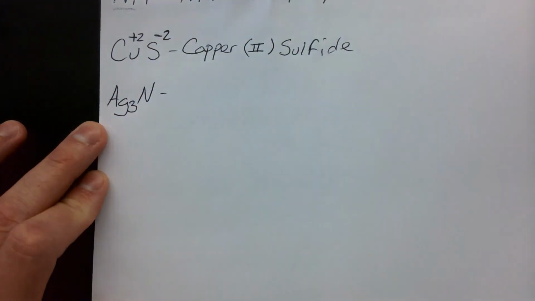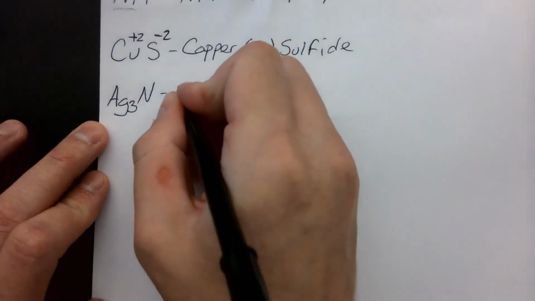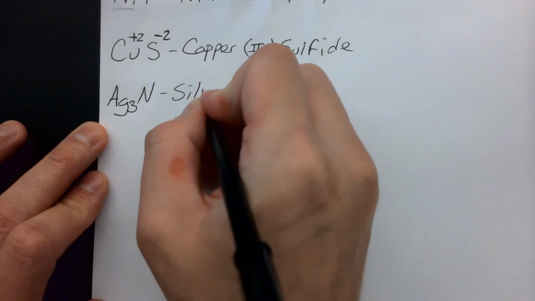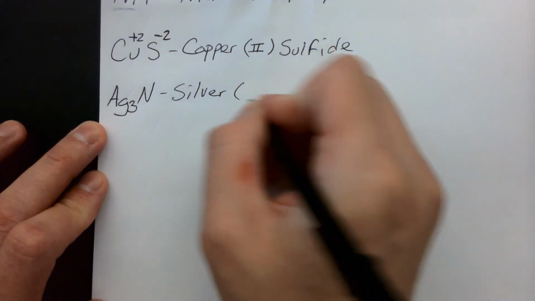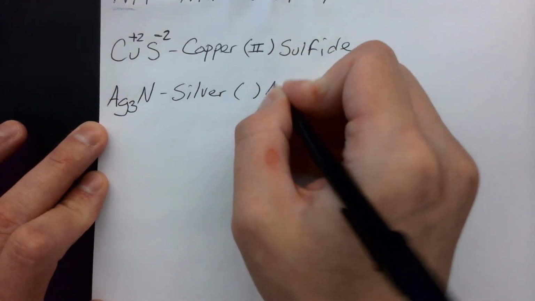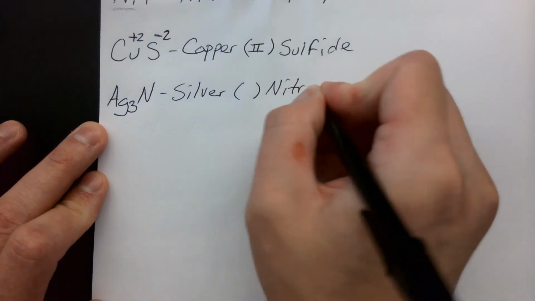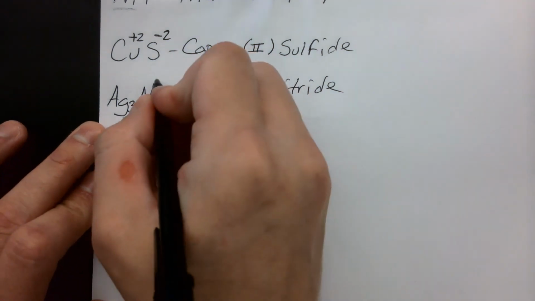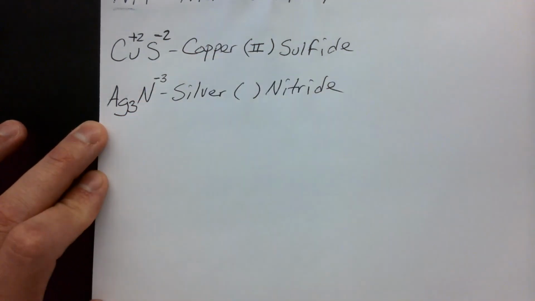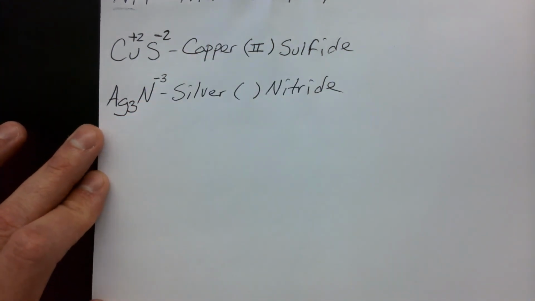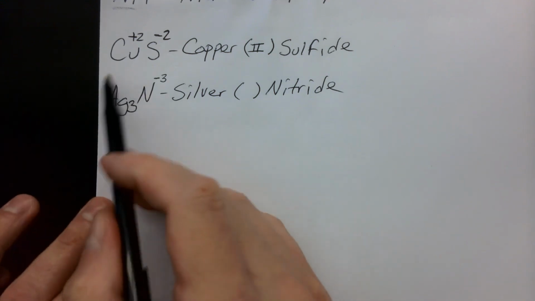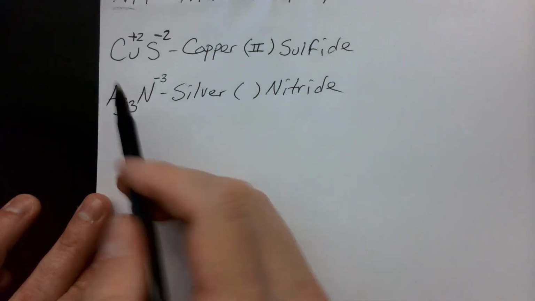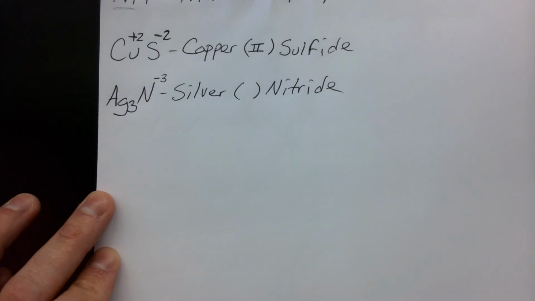All right. Here's another one, Ag3N. Again, silver, some Roman numeral, nitride. You know the nitride is a -3 because of the periodic table. So that means that all these silvers together must total a +3.